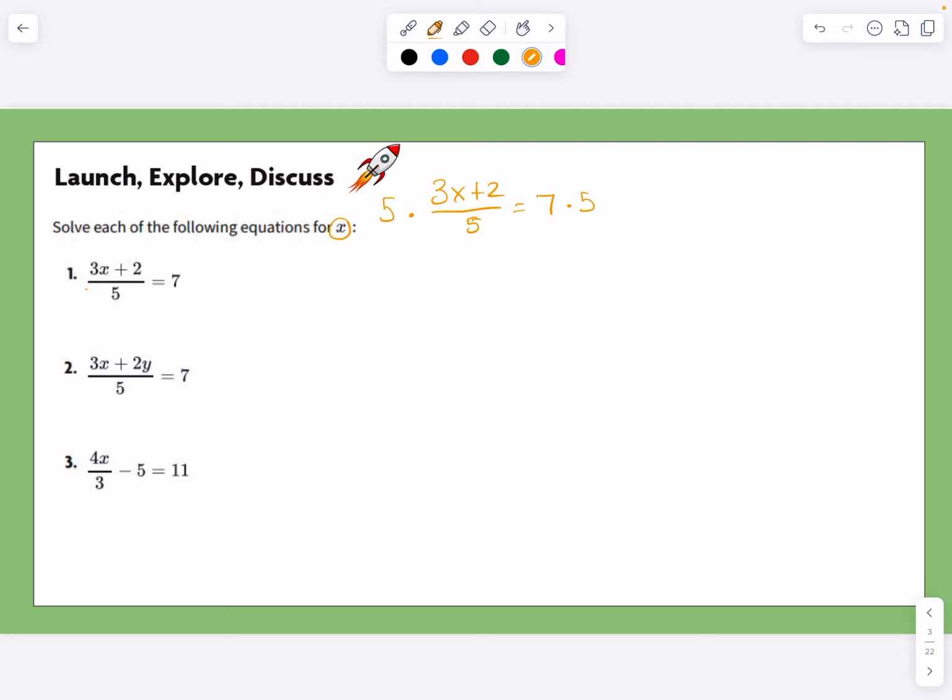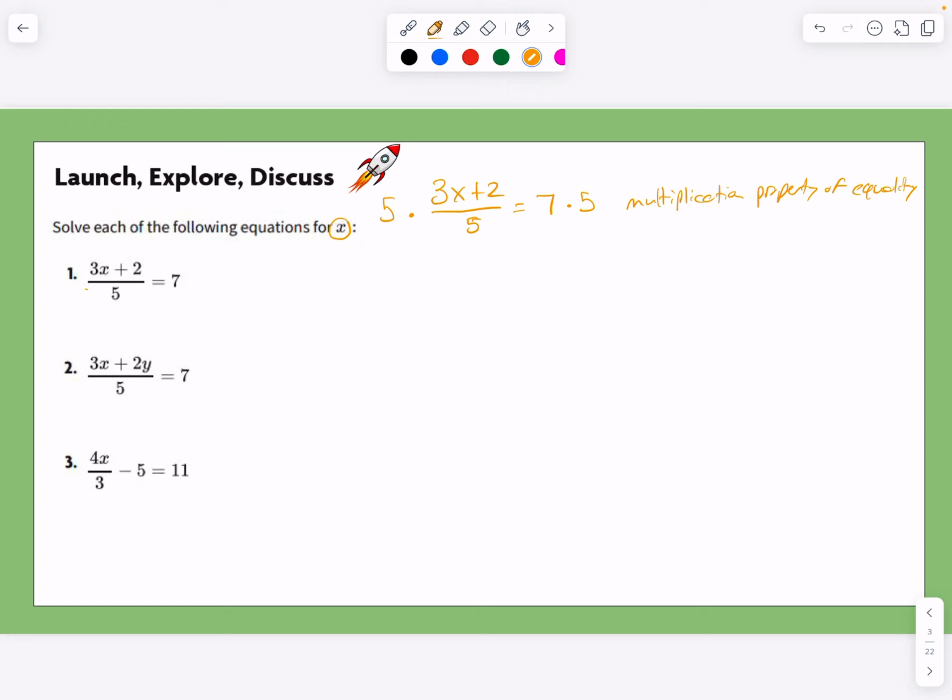Now this is referred to as the multiplication property of equality. By doing that, when I multiply, I have 5 multiplied by both sides, and that's what's happening there.